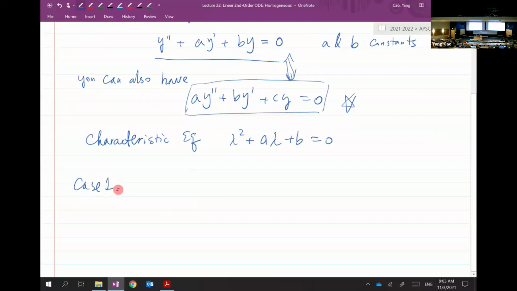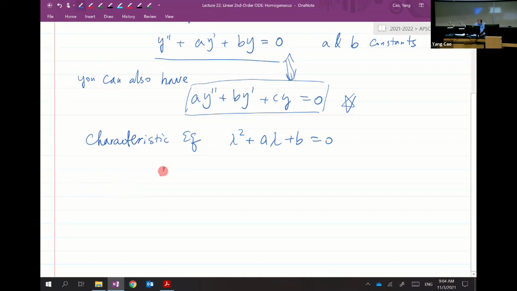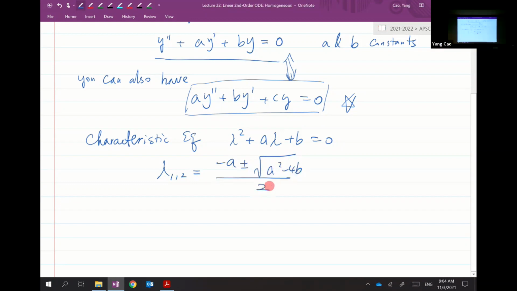Then we're going to be able to obtain a solution based on the solution of the quadratic equation here. So the solution for this quadratic is lambda 1 and 2 equal to negative a plus minus the square root of a squared minus 4b, divided by 2.